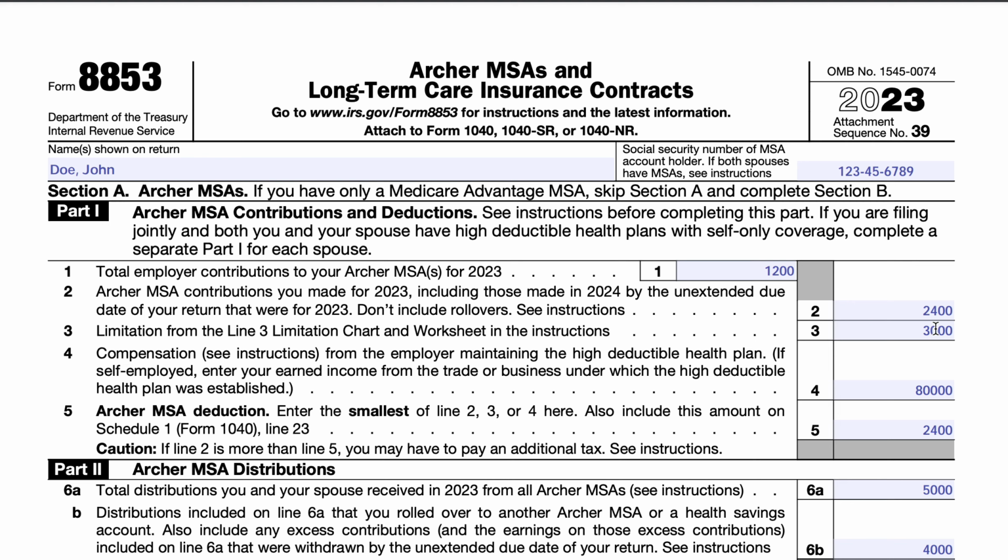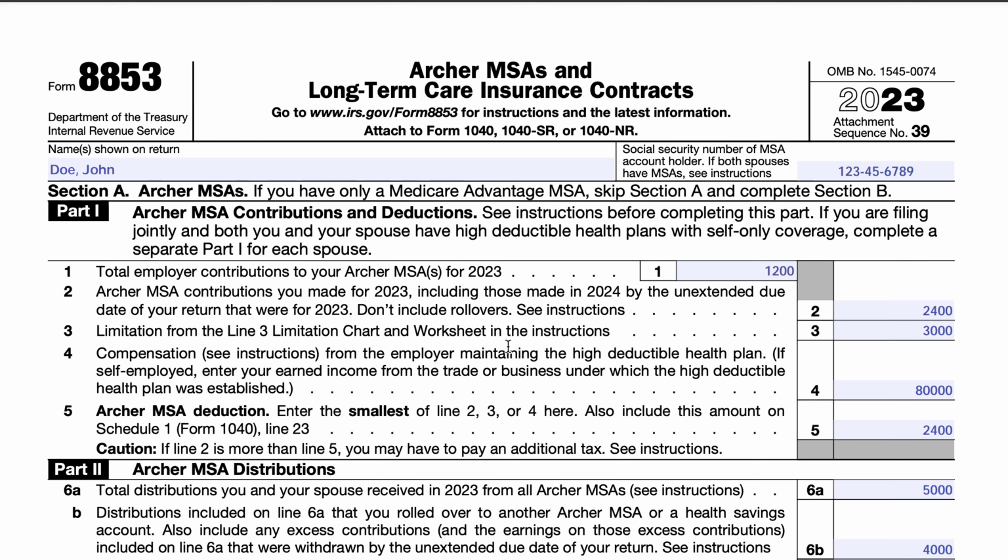So kind of like an IRA, where you can make, even though at the recording time of this recording, the latest tax form is the 2023 version. Let's imagine we're doing this for the 2024 tax year. If you made contributions in 2025 in, like, say, March, you could still claim that for the 2024 tax year. Don't include any rollovers. That would not be considered part of a contribution.